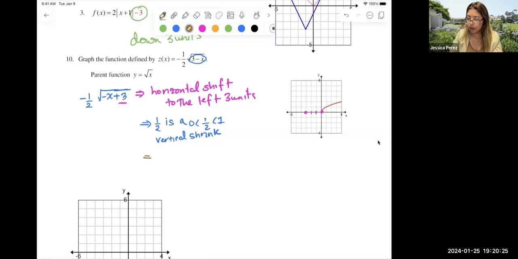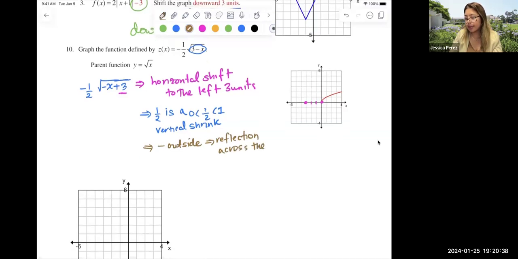And then, of course, the negative on the outside, what does it mean? It's going to have a reflection across the x-axis. So that means that it's going to live down here somewhere.